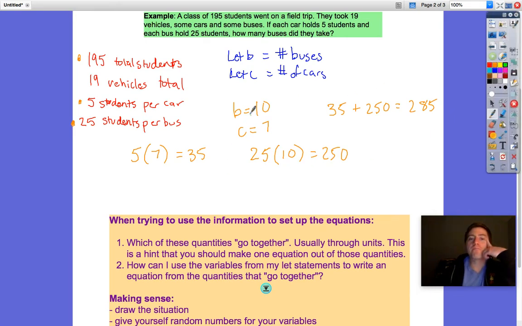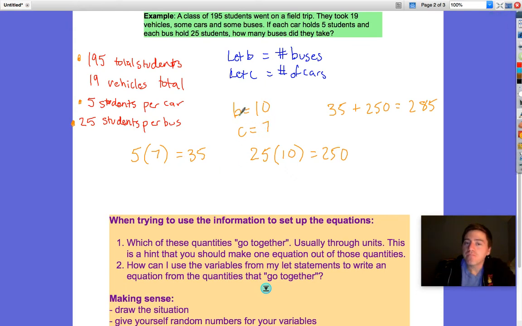Now that it's set up, what if B is not 10? I just made that up. But I do know that I would do 25 times however many buses I have. I would do the same thing if it were 20 buses, 30 buses, 40 buses.